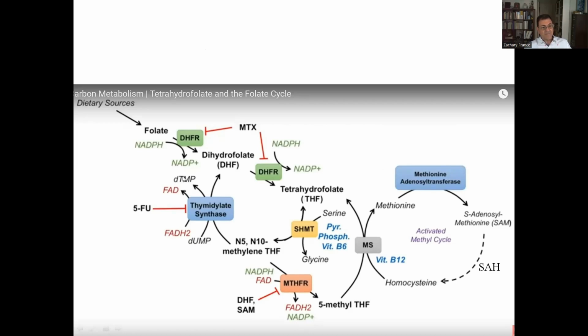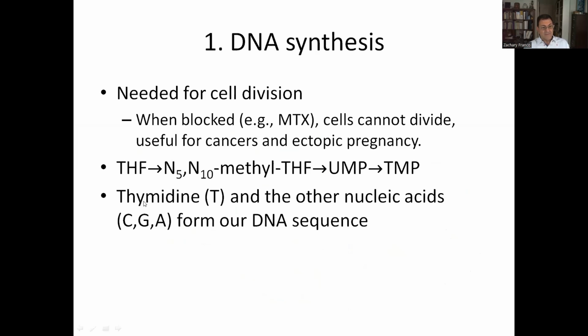And that T there, or dTMP, that's part of DNA. And so this lower left-hand corner is the DNA synthesis part that methylation is part of. So basically, you may know that we have base pairs in our DNA, and it's going to be C, G, A, and T, and thymidine is one of those. And of course, we make the other ones as well very similarly.